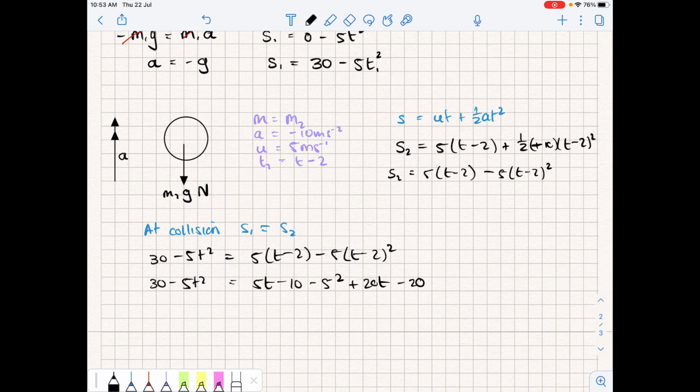I can already see that these are going to cancel out. I'd like my t's to be positive, so I'm going to keep them on the positive side. So it will be 25t over here. I'll move all the constants over to the other side, so I'll get minus 30. I need to add, so this will be equal to 60. And so I will get t equal to 2.4 seconds. So at 2.4 seconds, these objects will collide.